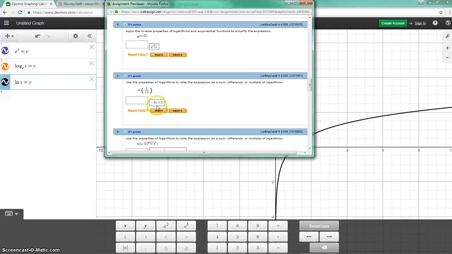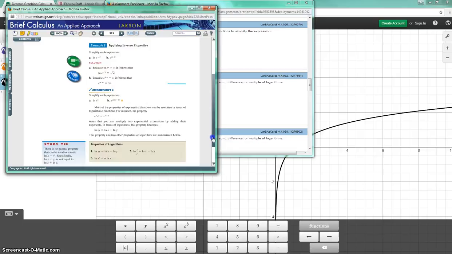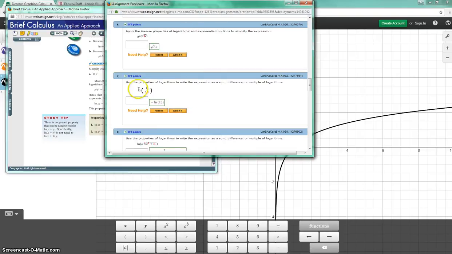When we get to problems like number 7, it's asking us to use some of those properties. So this is a division, so on that one page it says if you divide, you're actually subtracting. Natural log of x divided by y equals natural log of x minus natural log of y. So this would be the natural log of 1 minus the natural log of 13. But they didn't have a natural log of 1.